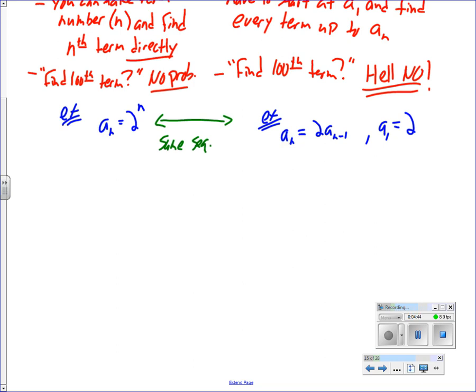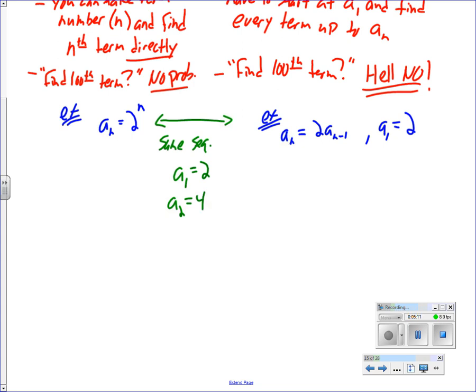If we go through and find the first 4 terms using either formula, we can see it. Plugging in 1 for the explicit formula, 2 to the first would be 2. The recursion equation tells me the first term is 2. My second term on the explicit formula would be 2 squared, which is 4.